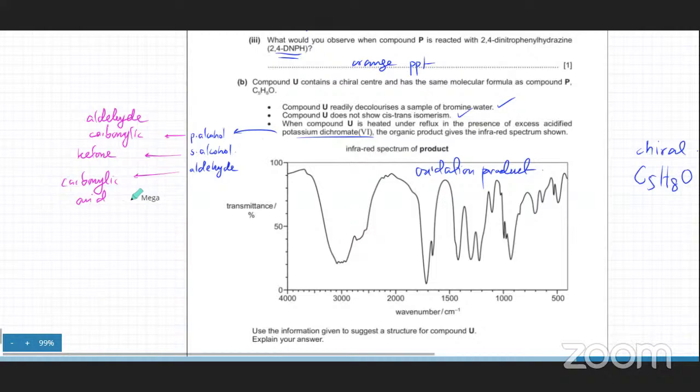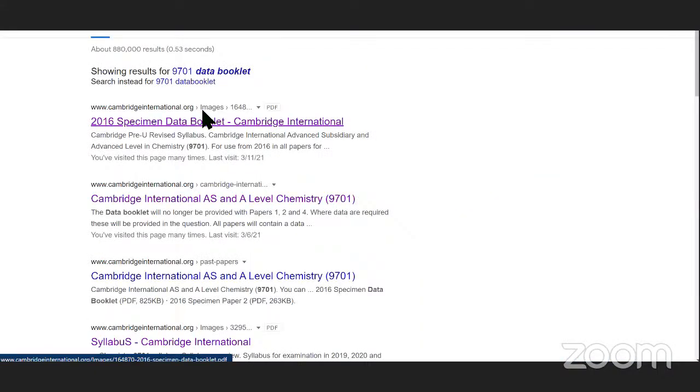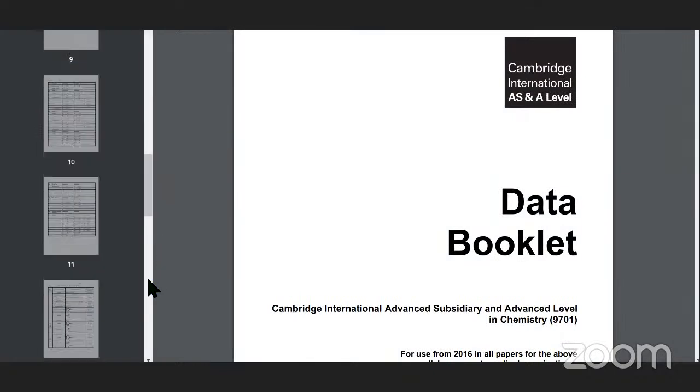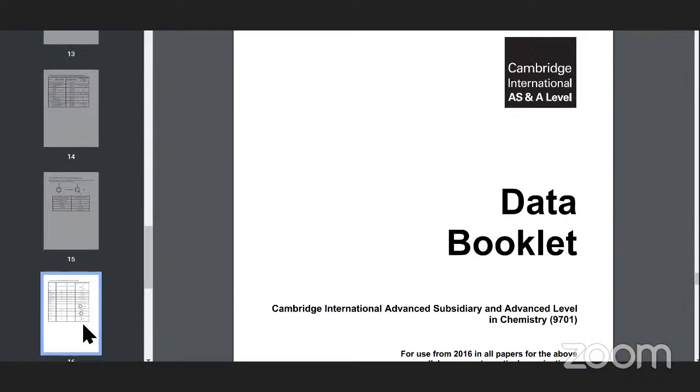So open the data booklet. Where's the infrared spectrum?